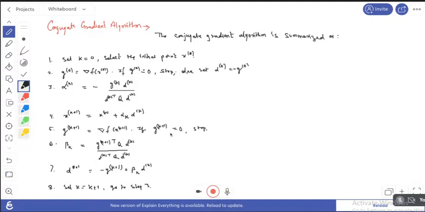Basically this is an approximate solution, so at which iteration you stop depends on the order of your accuracy. So this is the basic algorithm. Now how can we solve our problem using this technique?